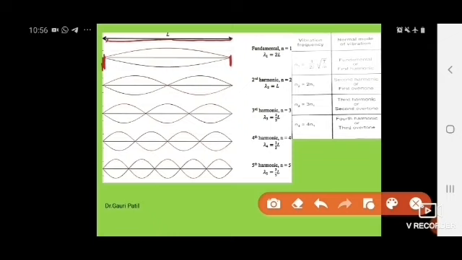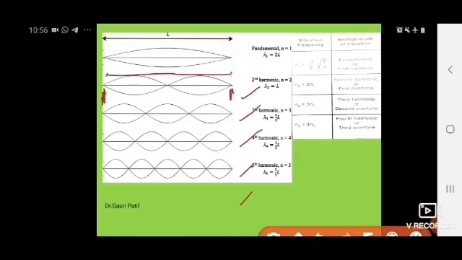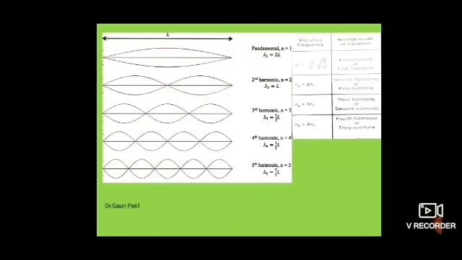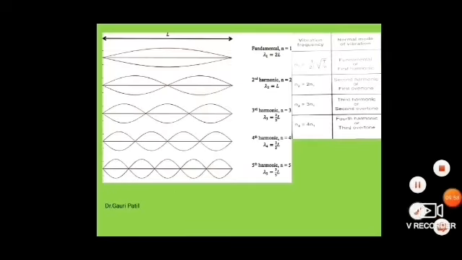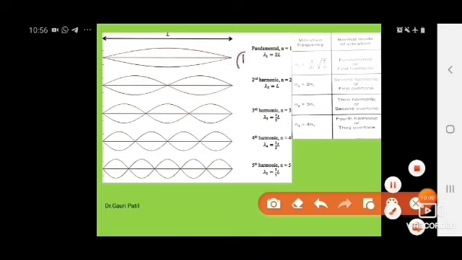There are different types of frequency patterns. First one, second one, third one, fourth one, and fifth one. This first pattern is called the fundamental or first harmonic, in which there is production of one loop. This second one is called the second harmonic or first overtone, in which there are two loops.